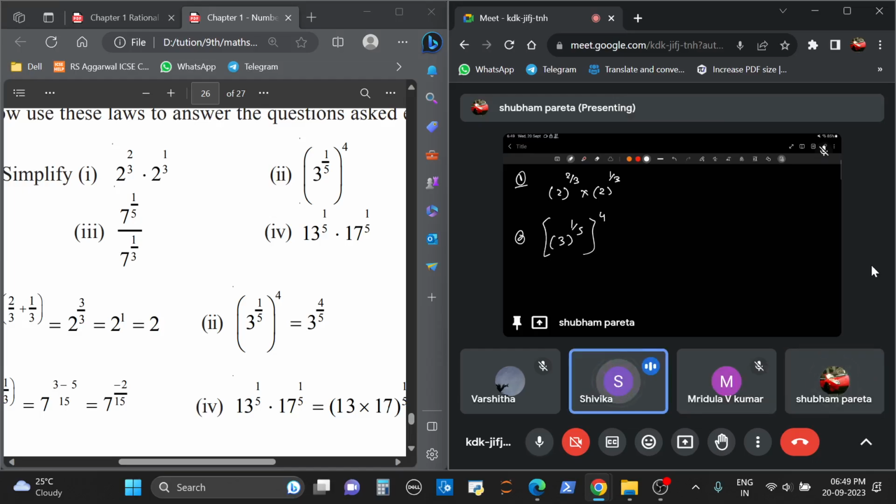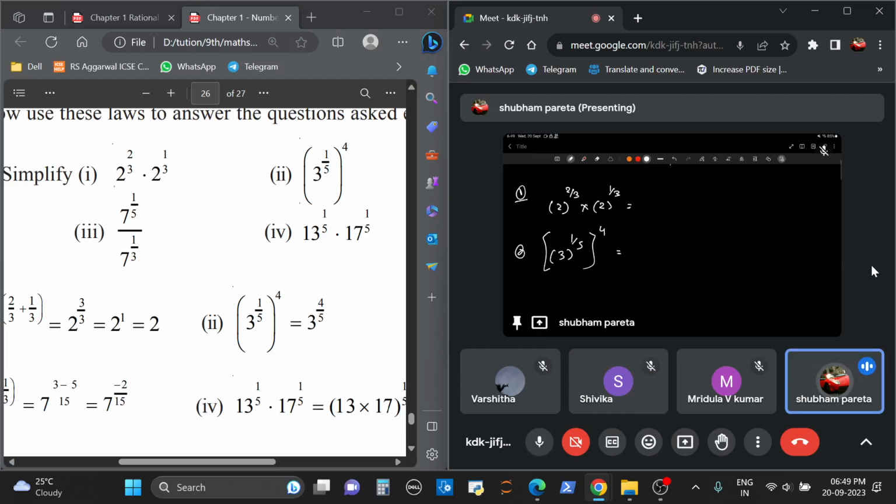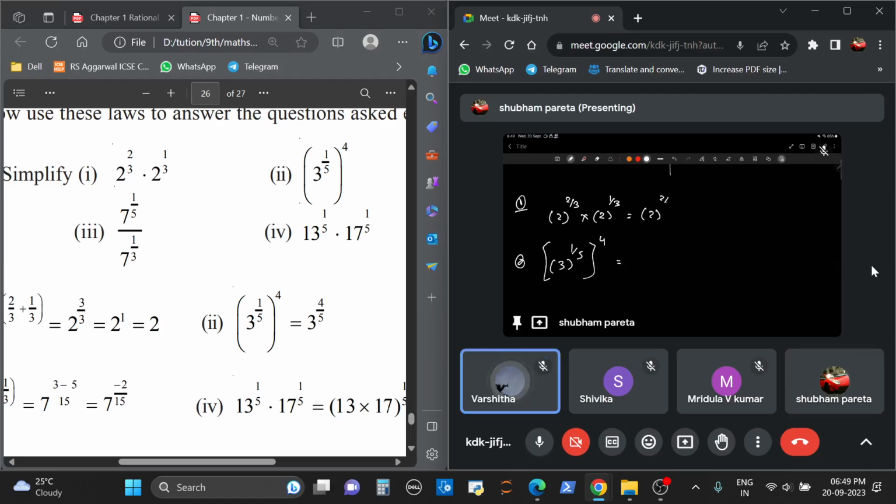Sir, I got the first one is 2, and the second I got is 3 raised to power 4 upon 5. Okay, so Shavika is saying some of the answers. What about Mridula and Varshita? It is 2 to the power 2/3 plus 1/3.